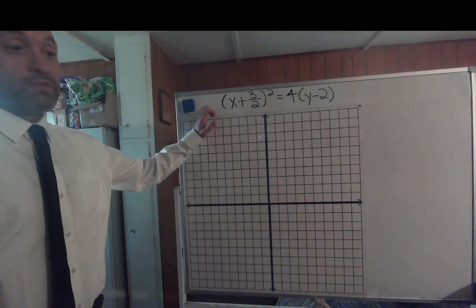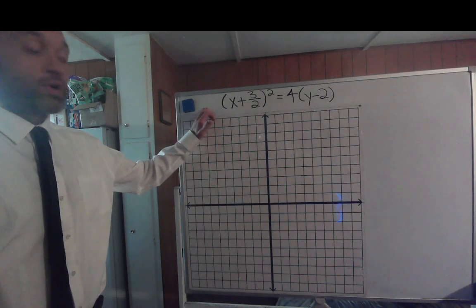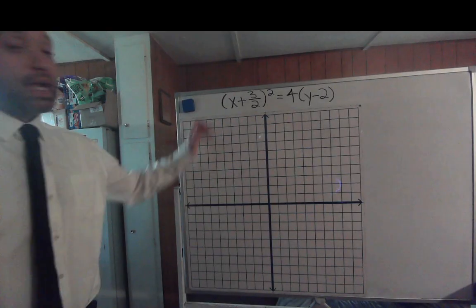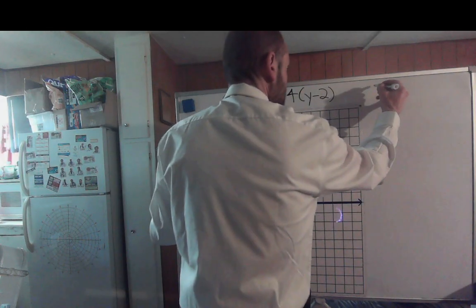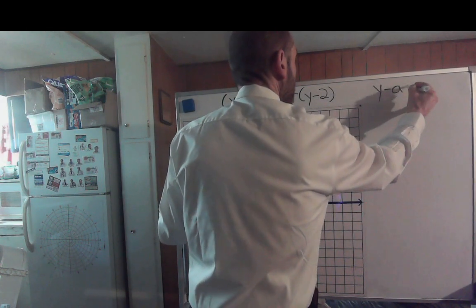This is in standard form. We got something we can work with right off the rip. And the linear variable is y, so again, we've identified this as y-axis symmetry.